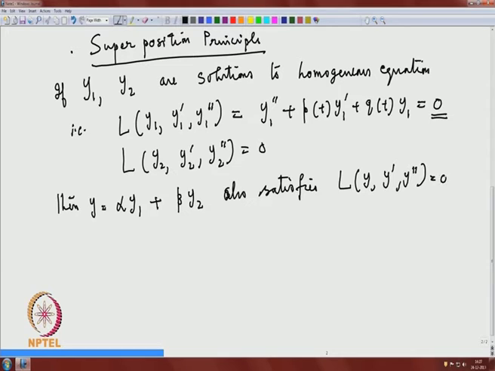This is the superposition. This is the typical nature of any linear system.